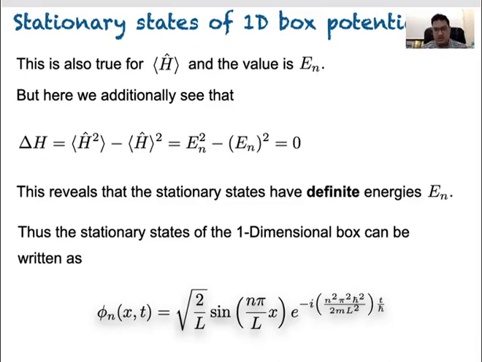That is the general expression for any time dependent wave function, which is written as a product of the time independent wave function times an energy dependent phase. So this is your time independent wave function, and here I have substituted the value of energy. So now the time dependent phase will read as e to the power minus i n squared pi squared h cross squared over 2m L squared times t over h cross.